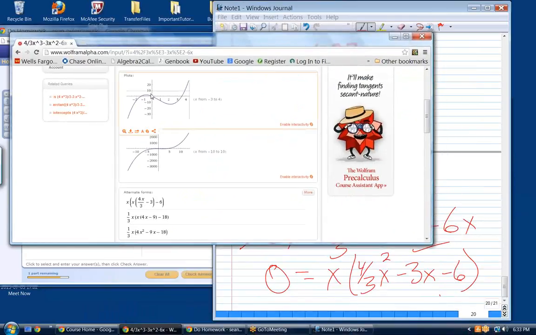Okay, so it's concave up wherever it's positive, so it's from minus 1.3 to 0 and greater than 3.5. 3.5 to infinity.